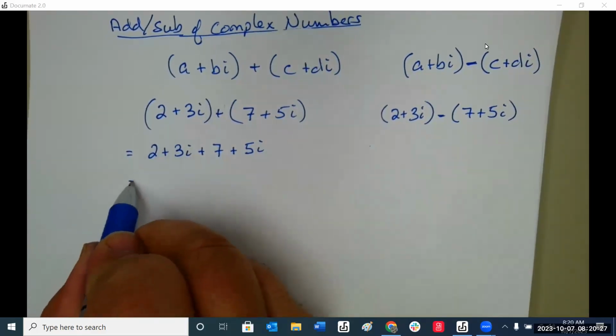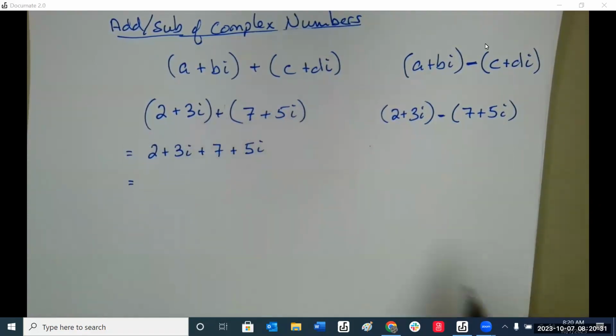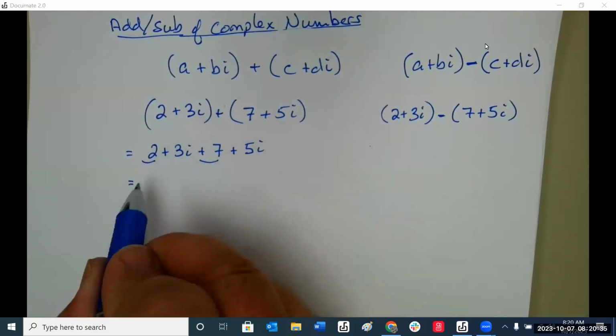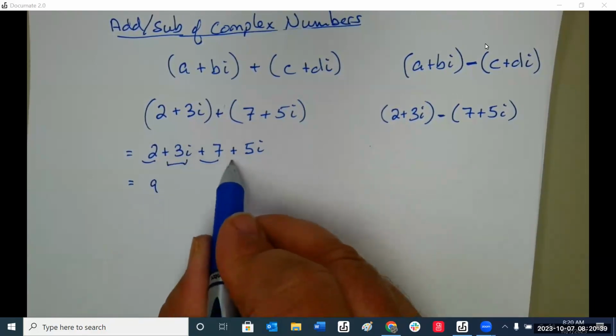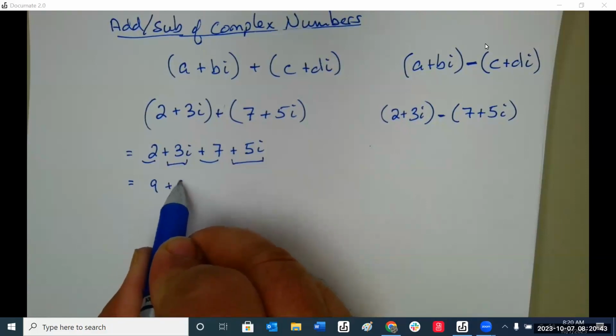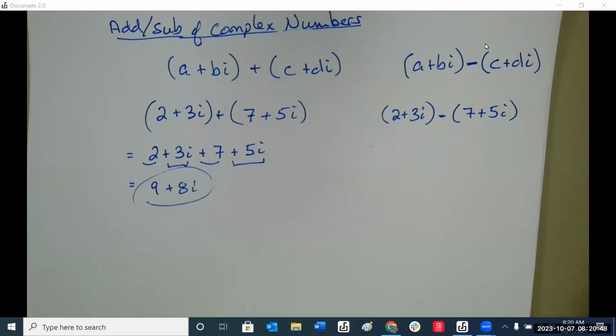Once you get rid of the parentheses, that's the general rule, whenever you get rid of parentheses, always combine like terms. So real number plus real number, so 2 plus 7 is 9. Positive 3 plus 5 is positive 8i. So there's your answer.